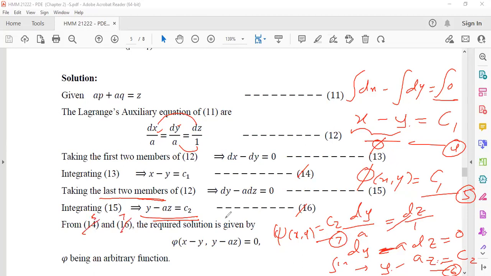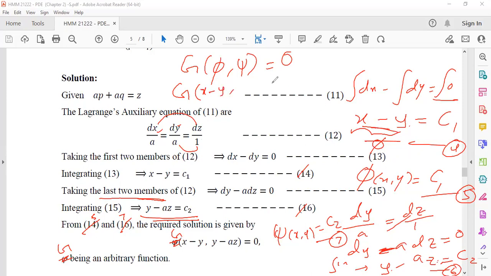The required solution, as I said in our theorem and working rule, you have to put pi and chi in an arbitrary function g. So our last solution: what is pi? Pi is x minus y. So g of (x minus y, comma, what is your chi?